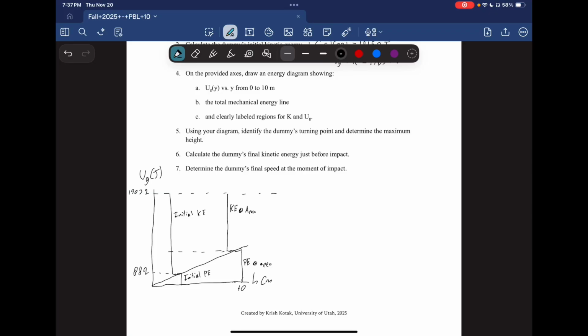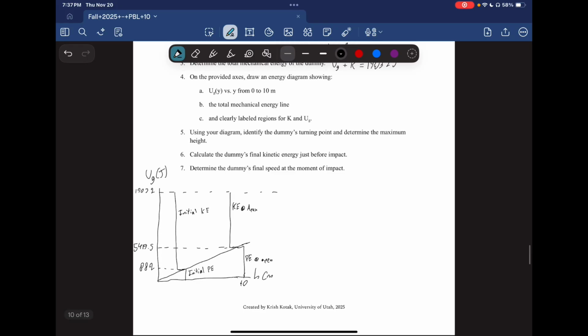Like so. And then if you plug in the 10 meters for our potential energy, you would get a value of 5419.5. Okay.